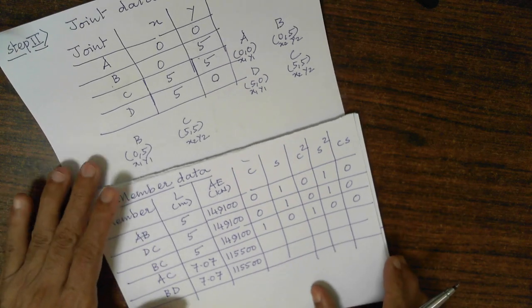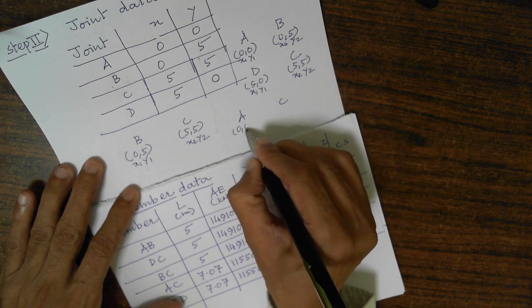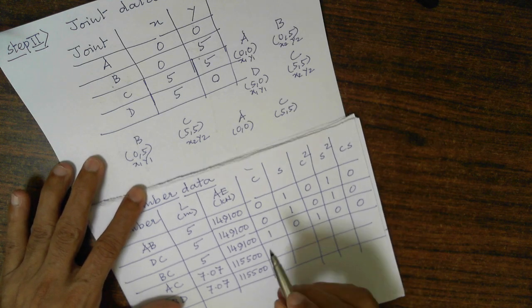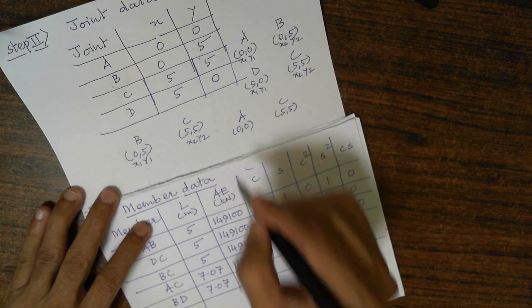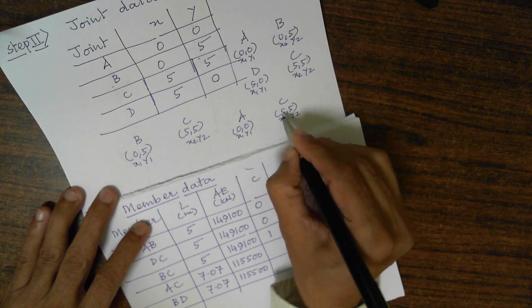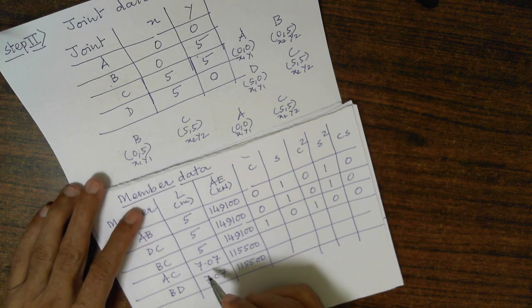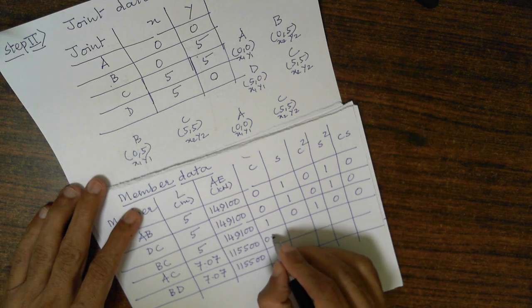See now for member AC. Now A is 0, 0, C is 5, 5. So what is cos theta? x2 minus x1, this is x1 y1, this is x2 y2. So 5 minus 0 divided by 7.07, that comes out to be 0.707.